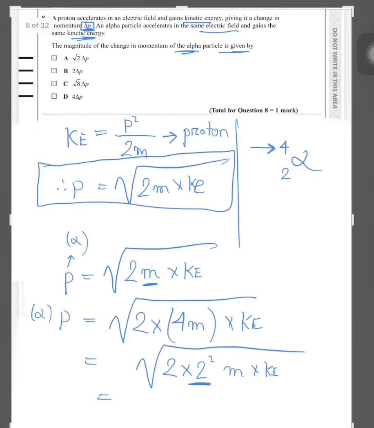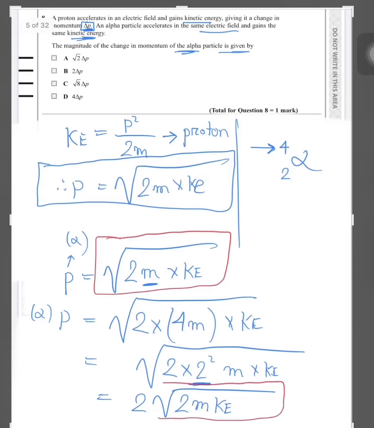We can take this 2 squared outside, so 2 root over 2mK. So we now realize that this part and this part are the same. So we can just put P here. So it would be 2P. So the answer is B.